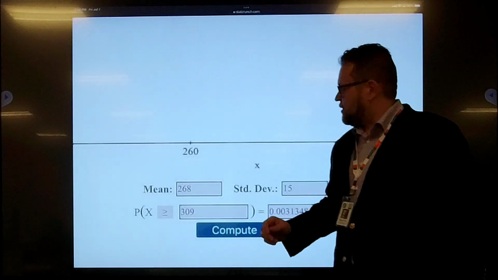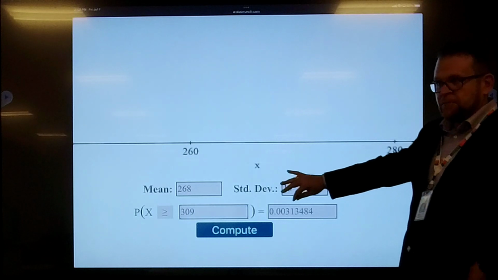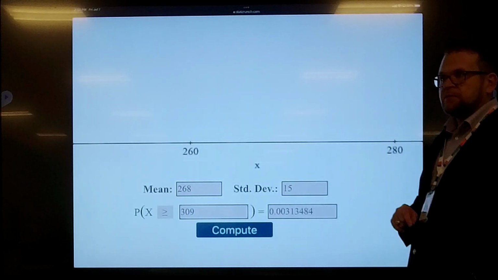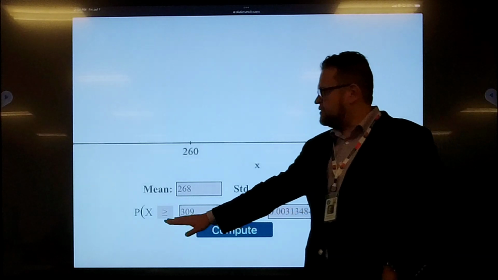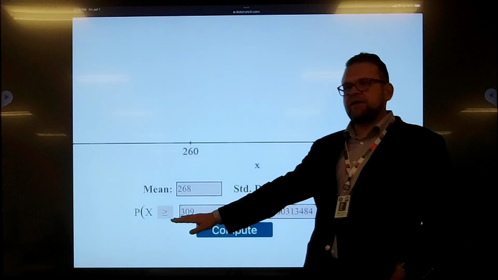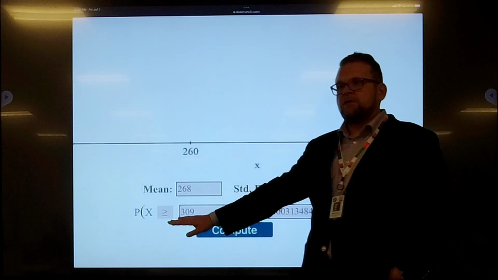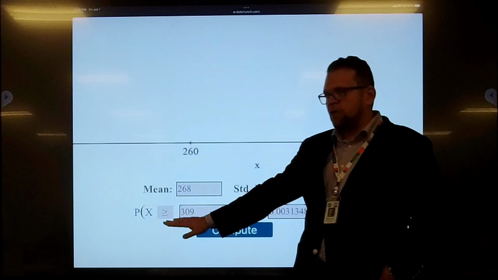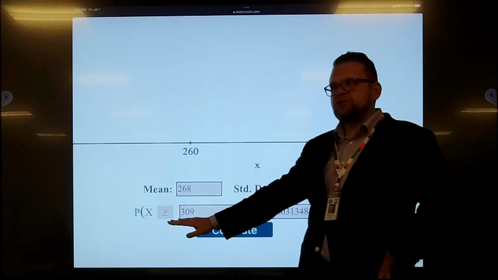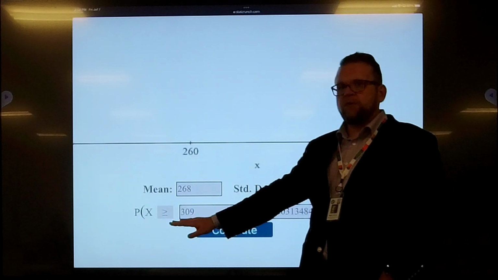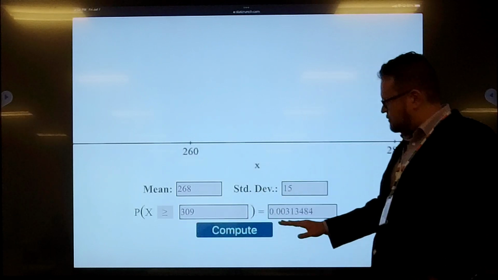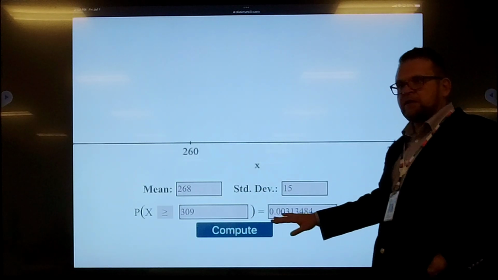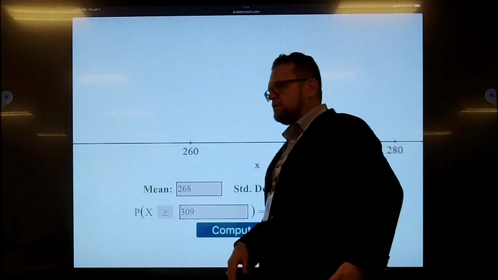So this says that there is a 0.3% chance that you will have a pregnancy that lasts 309 days. So it sure does look like she was already pregnant. The probability that she was already pregnant when he came to visit is very high. It's 99.7% chance.